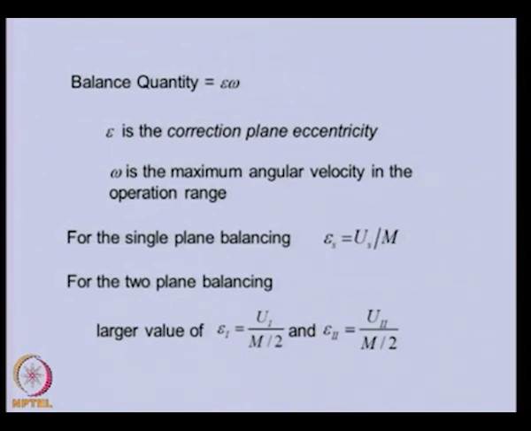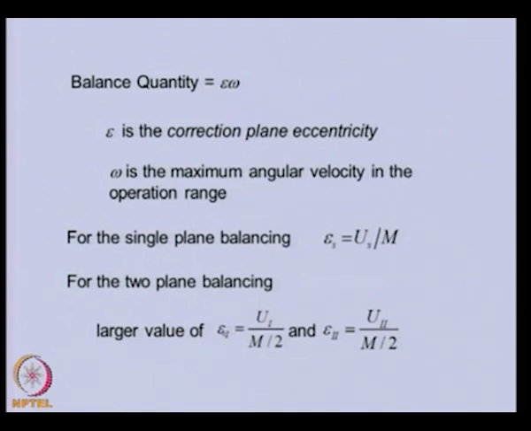If you are talking about two plane balancing, either static or dynamic, then we define two parameters: epsilon 1, which will be U1 by m by 2, half of the mass of the rotor, which is the unbalance in one of the planes, and epsilon 2, the unbalance in the second plane divided by half of the mass of the rotor.